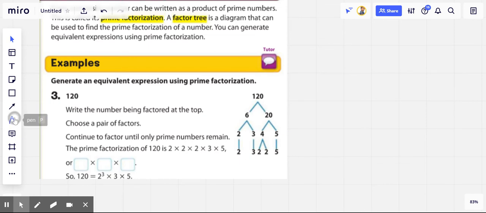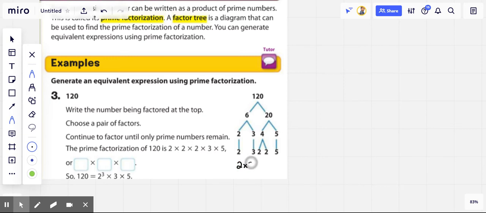Now you could put it this way, times 2 times 2 times 5, but we don't have all the numbers in line. See how they're numerically in order? So make sure whenever we do prime factorization that we list them in order numerically.